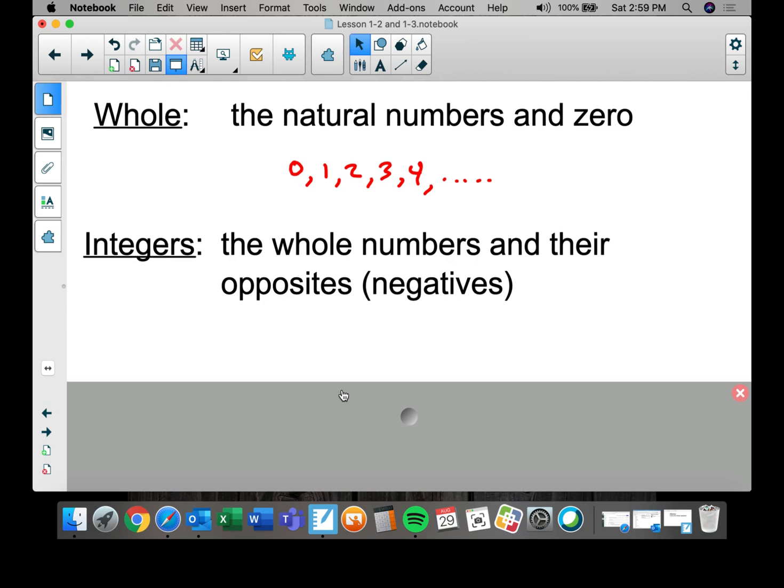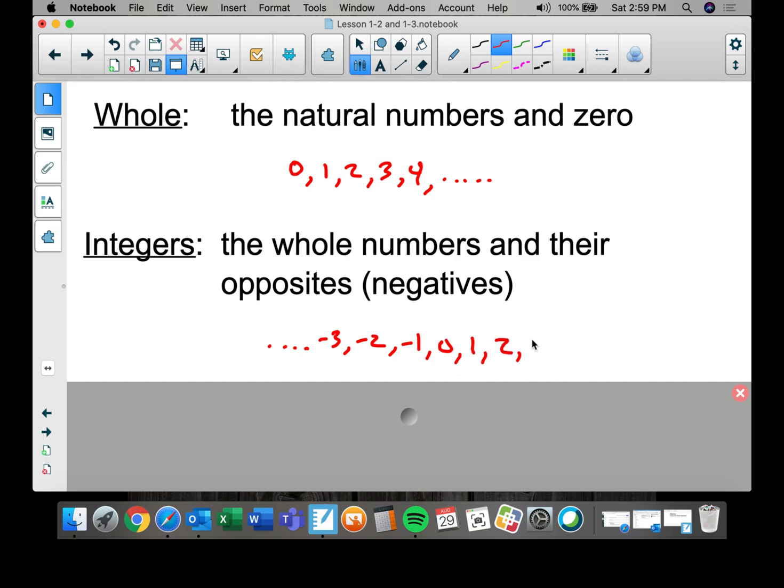So now we're coming from our negatives here, and then we'd have -3, -2, -1. We still include 0, but then we also go 1, 2, 3, and so on. Okay, so those go in both directions. Now we just have added negatives to the mix.